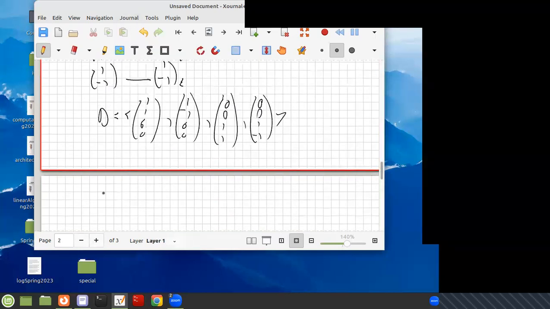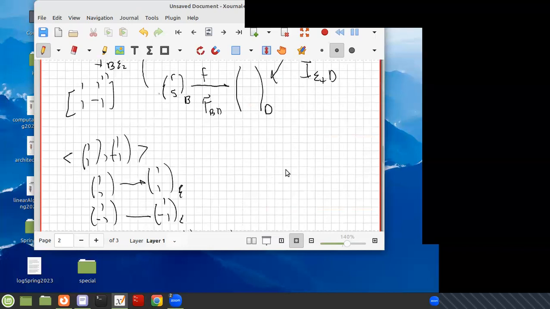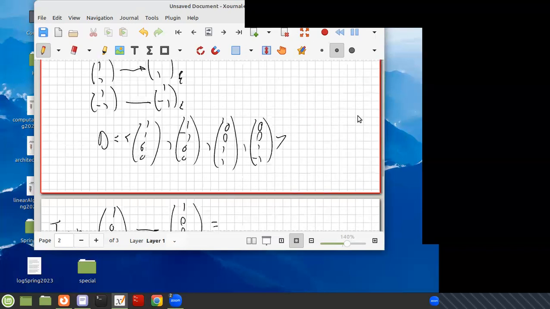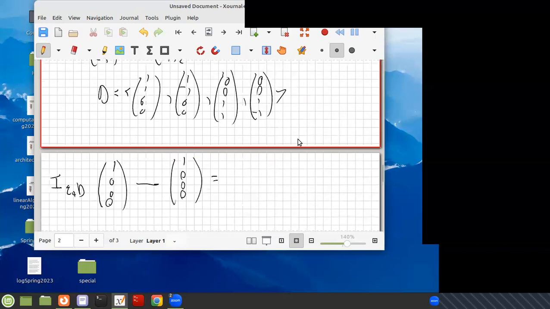Okay, so I need the image for the identity that's going to go from E4 to D, right? So that means I have to look at the images of this first one, which is going to go to 1, 0, 0, 0. And I have to then see, well, what is that in this basis here?